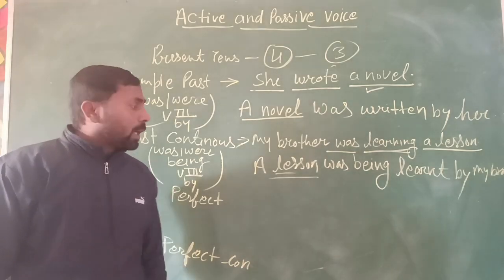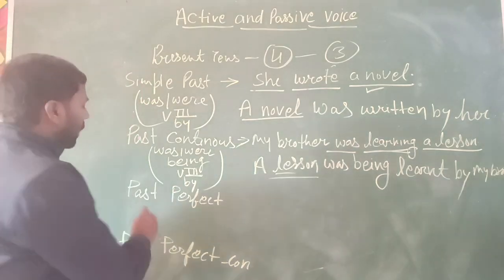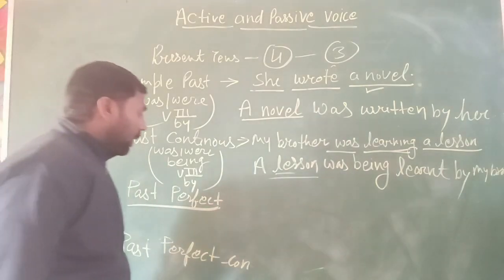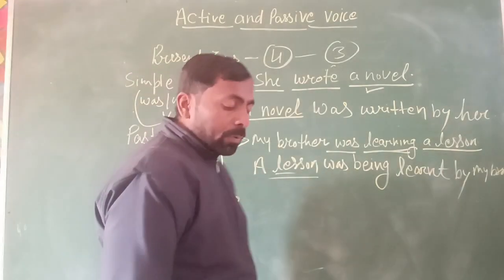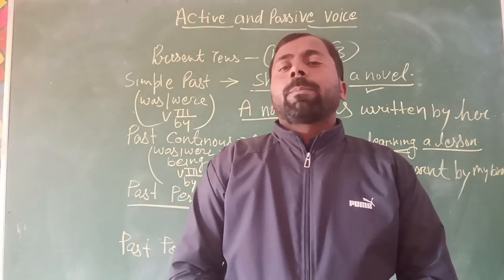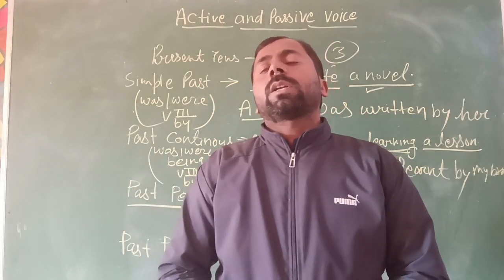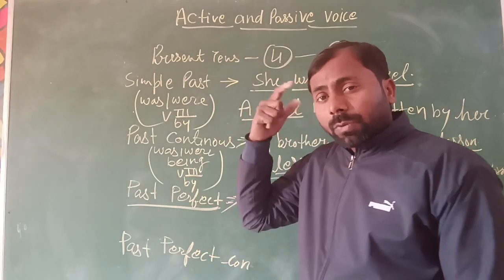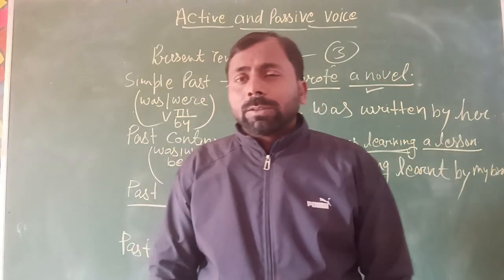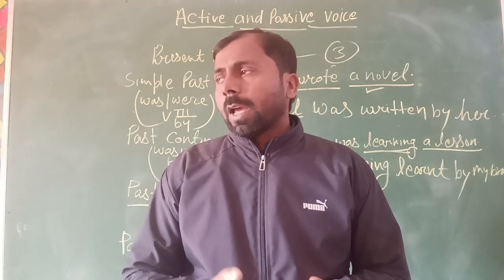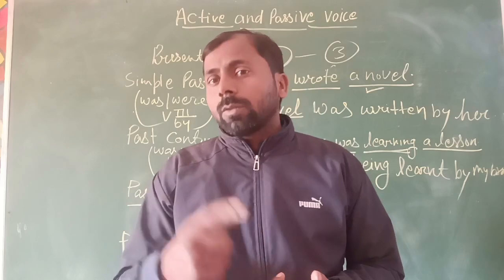It's clear? Now next is past perfect tense. First you have to learn it in your physical class. In the past perfect tense, first remind yourself of the helping verb of past perfect tense. What is the helping verb? I think you know very well.